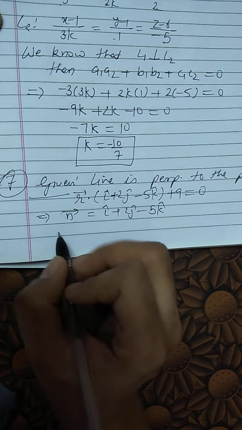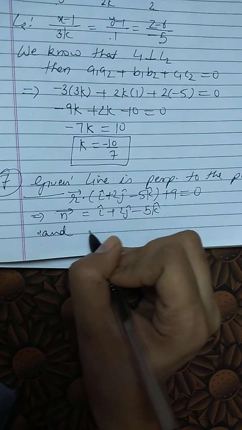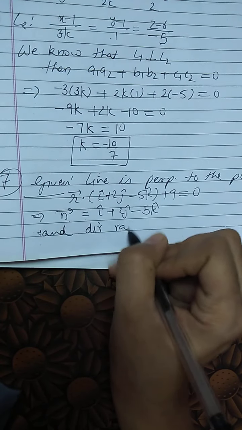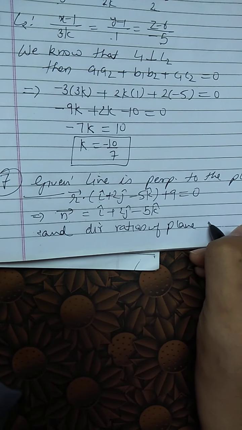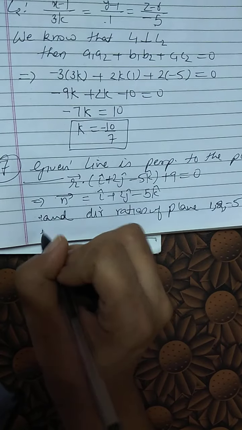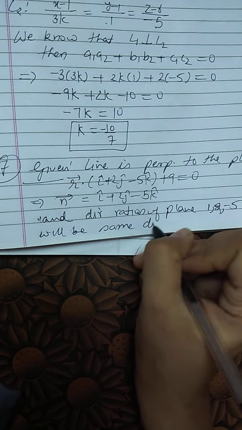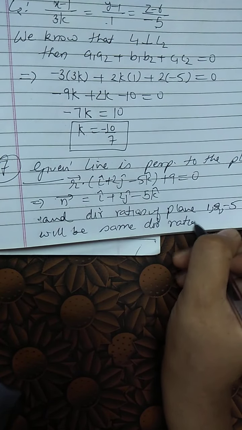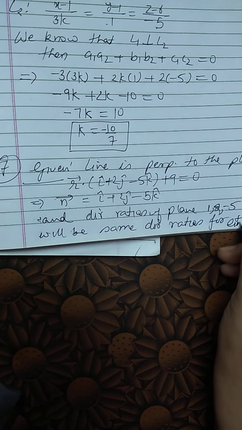So it implies the direction ratios of plane which are 1, 2 and minus 5 will be same direction ratios for the line. I hope this point is clear.